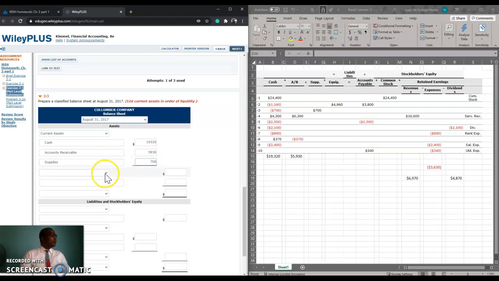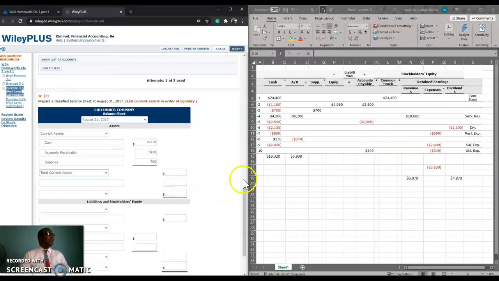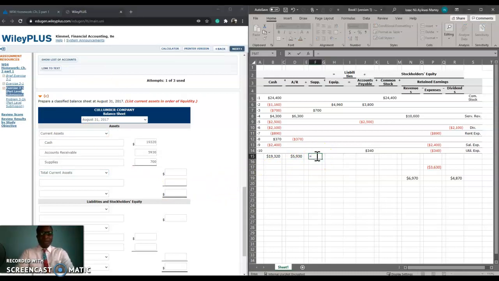Then we go to the total current assets. Total current assets will be the total of this, this, and this.